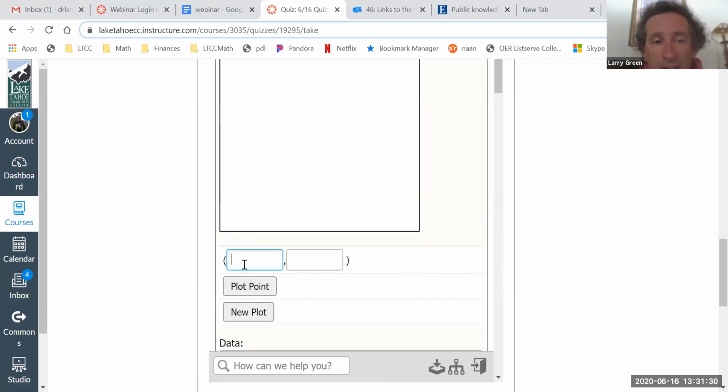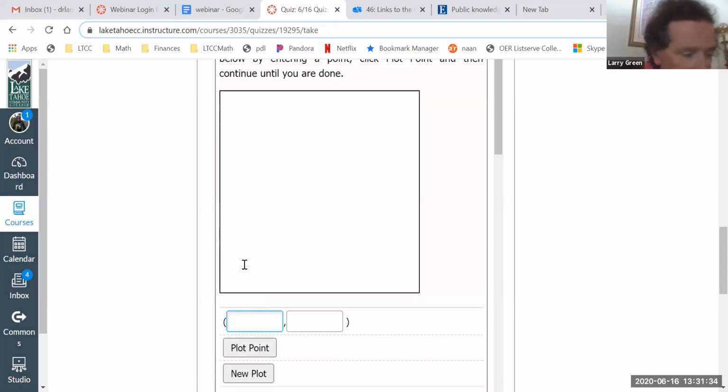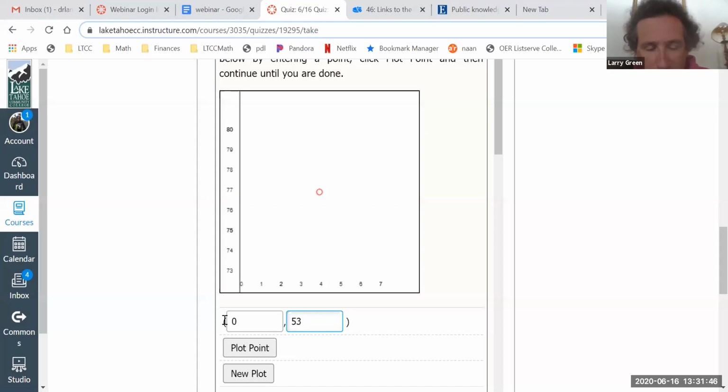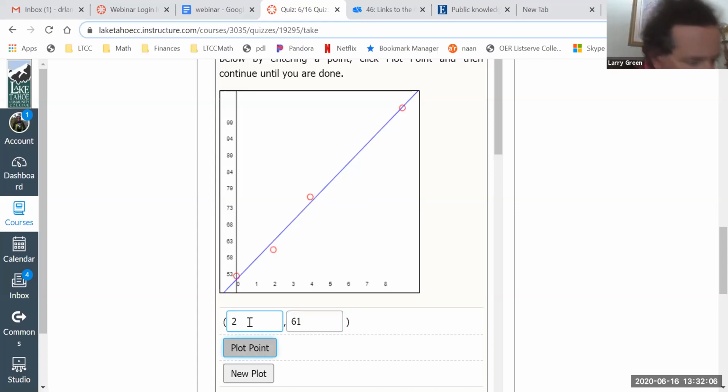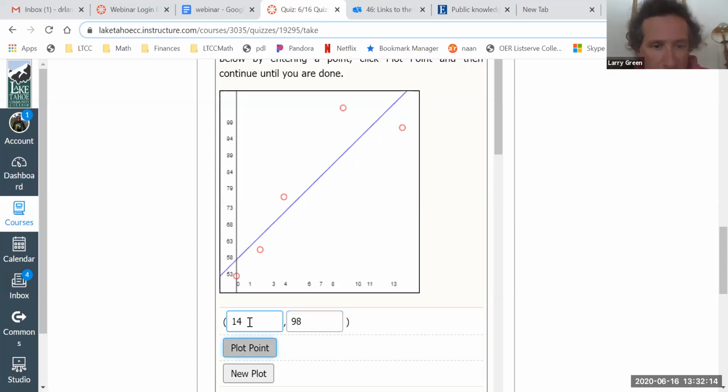And if you remember the way it works, we pop in the points one at a time. So I wrote down 4, 7, 7, plot it. And then 0, 5, 3. And then 9, 0, 4. And then 2, 6, 1. And then 14, 9, 8. And then 7, 8, 6. And then 4, 6, 9.